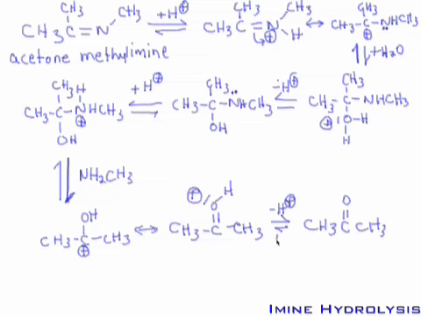Now I want you to look closely at this. Start from the ketone. Plus H plus would protonate, giving you your resonance structures. This was minus NH2CH3, so on this side it would be plus NH2CH3. Aha! You'd get that, then you'd have minus H plus going this way, plus H plus.